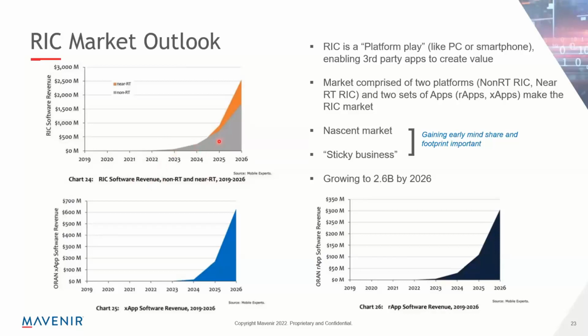We can see it is predicted to be a 2.5 billion software market. So there would be lots of app developers, and an app market specific to RIC functionalities is going to be available between now and 2026. That's what it says. And here is a division between the xApp and the rApp, again compared to the software revenue from the Open RAN point of view.